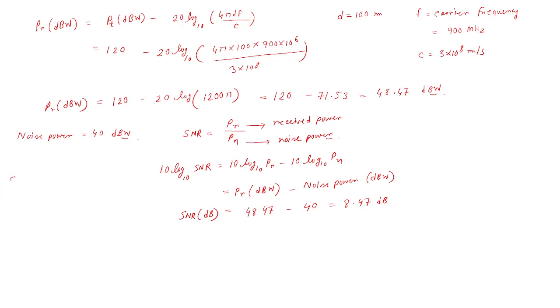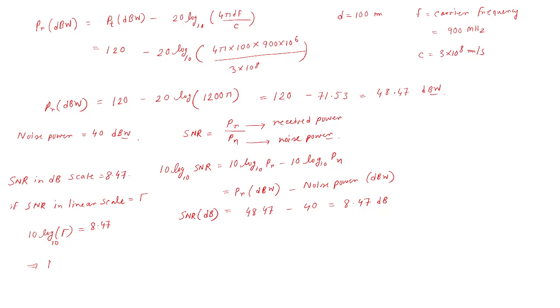So SNR in dB scale is equal to 8.47. Now if SNR in linear scale is denoted as capital gamma, then you have 10 log base 10 capital gamma is equal to 8.47.